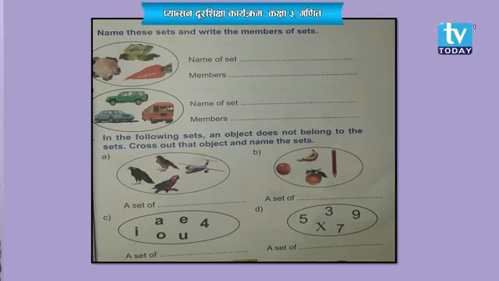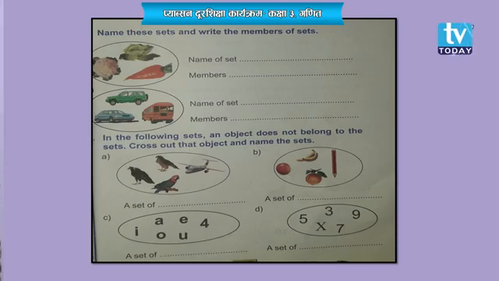Done? So students, let's have a look at this picture and write down the answer. Which one belongs to that group and which one doesn't belong to it. Okay? Listen very carefully. From the picture, what is the name of that picture? Inside that picture, there are 3 birds and 1 plane, right?